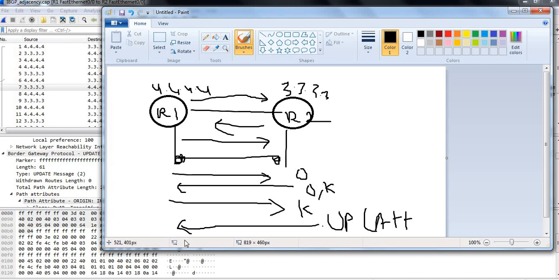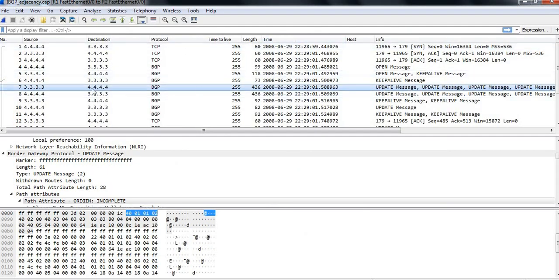Once router 2 has sent an update message, you can also see that router 1 will send an update message. At the same time, once this update message is received, the next router has also sent an update message. So let's see where these attributes are.